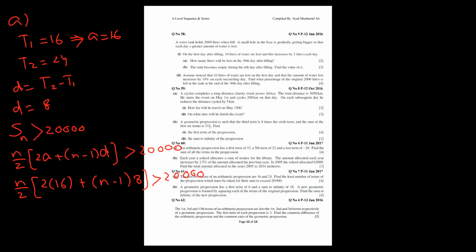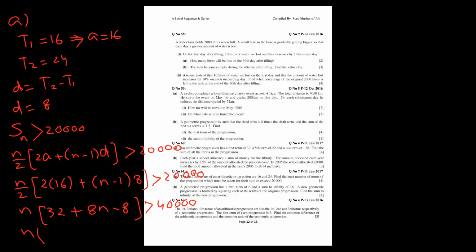Okay, so let's start. First of all, this 2, I think n by 2, here I got 32, and 8 times n minus 1. And this 2, you can multiply on the right-hand side, so it becomes 40,000. So I'm writing here 40,000.